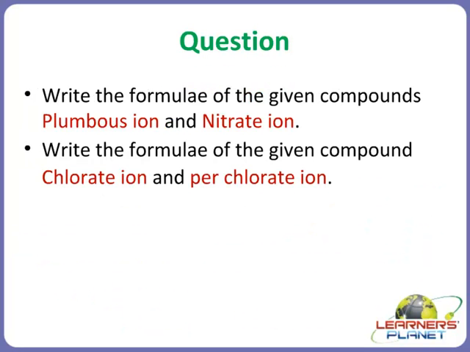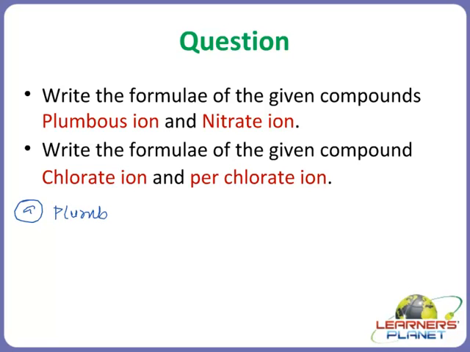Now our next question: write the formulae of the given compounds, plumbous ion and nitrate ion. I have told you that lead forms two types of ion, plumbous and plumbic.